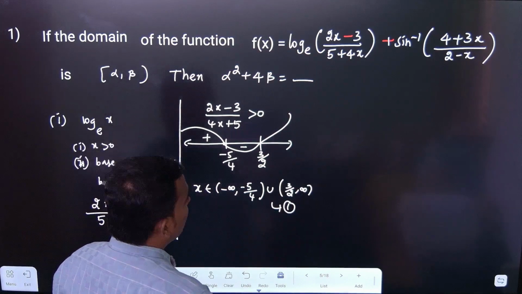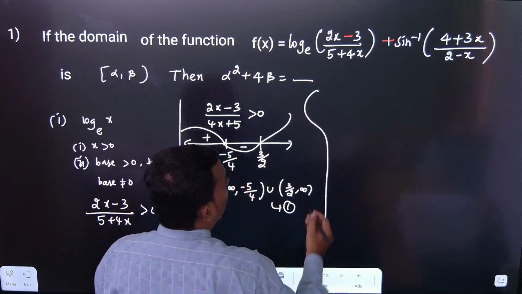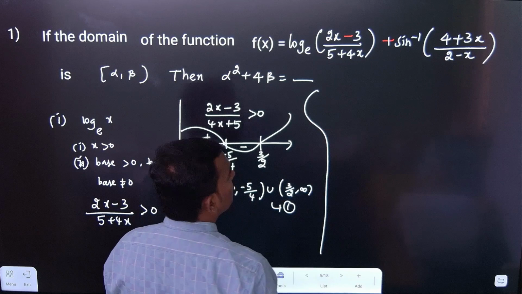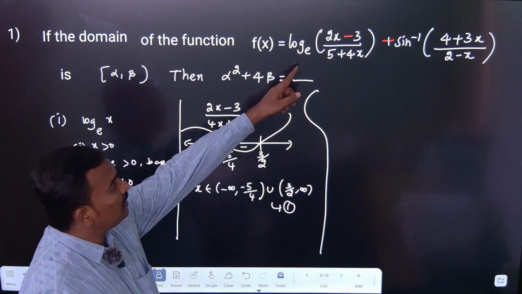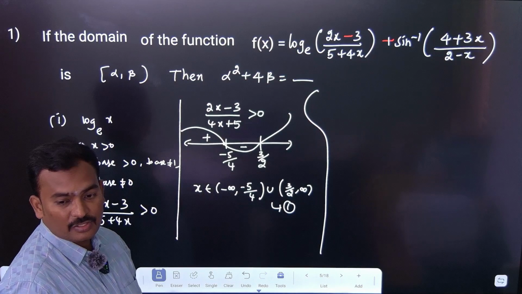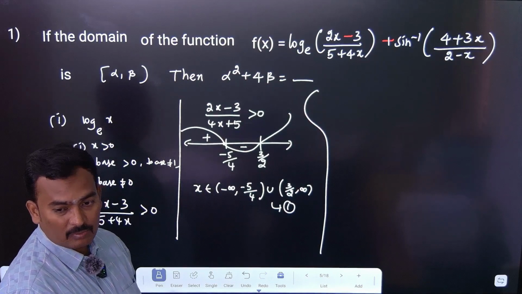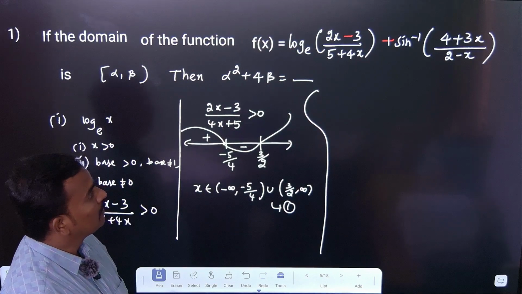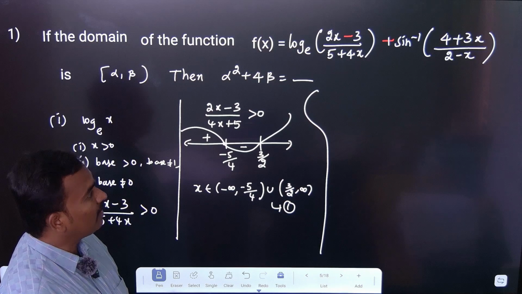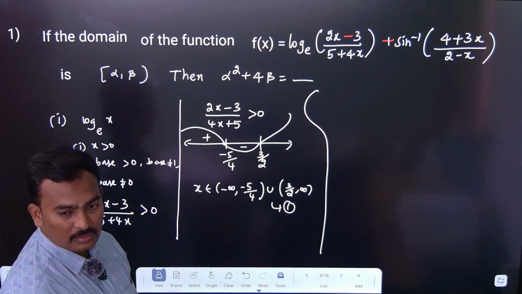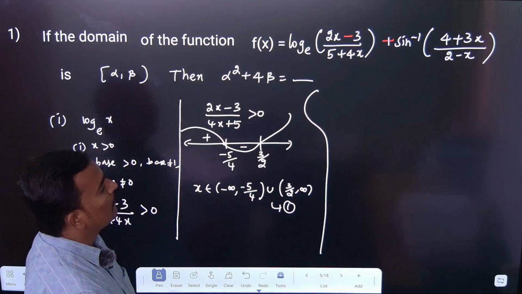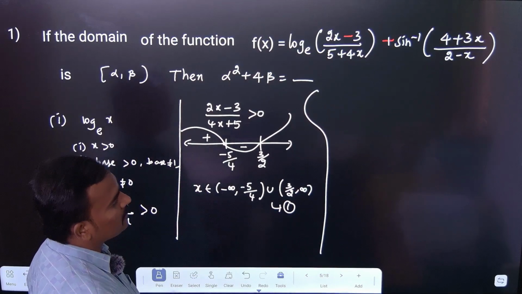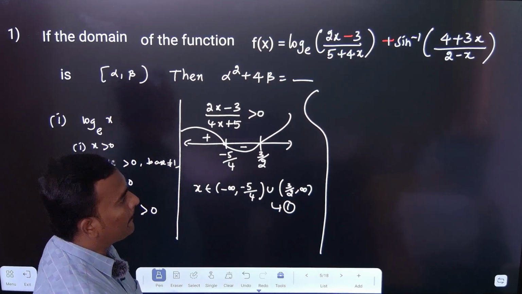The second one you can see, student, is sine inverse. Why are we not checking the base here? The base is e, it is more than 1, and it is never 0 or equal to 1, therefore no need to think about the base e here. Okay, let us discuss the sine inverse domain.